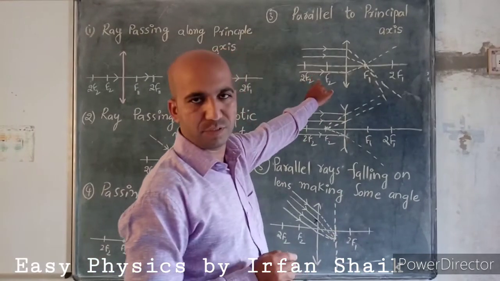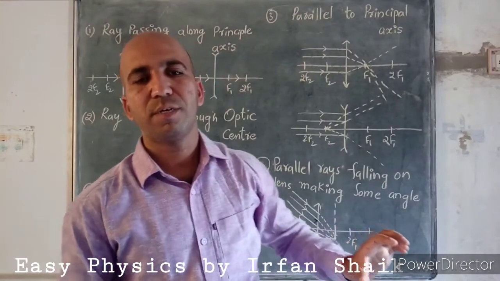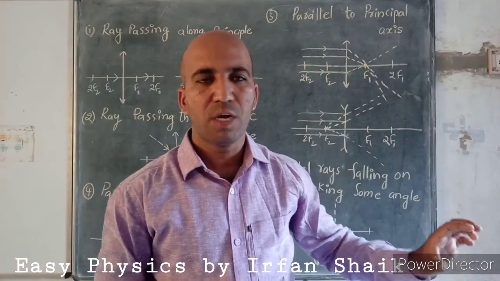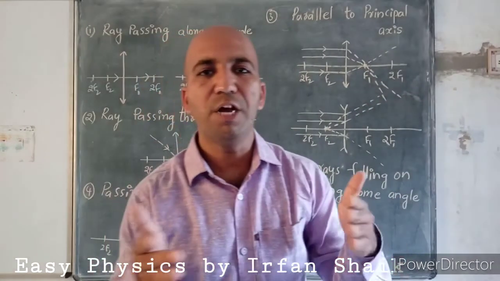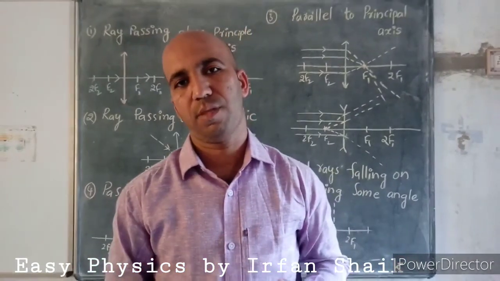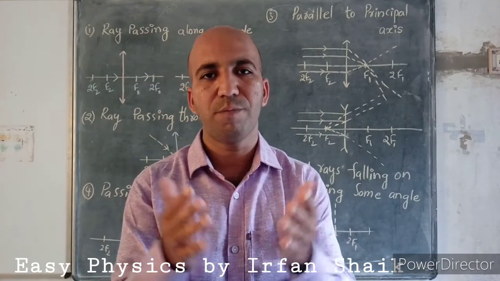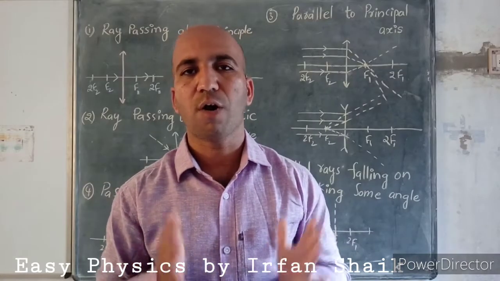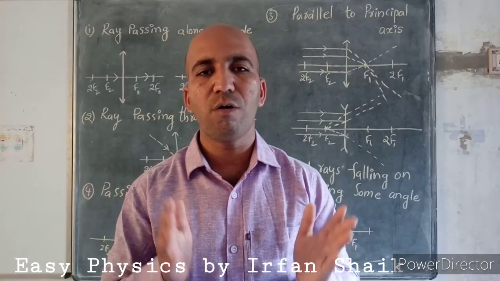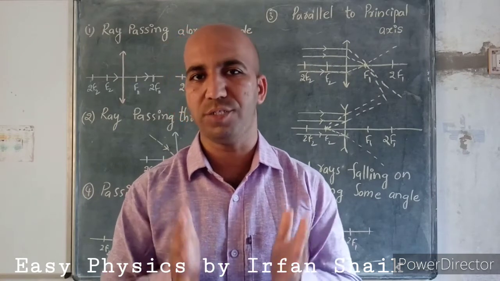So what happens? The light rays which are passing parallel to the principal axis, after refraction, all the light rays will converge at a point. Converging means meeting at one point, that means they are intersecting at one point. So a convex lens always converges light rays at a point.